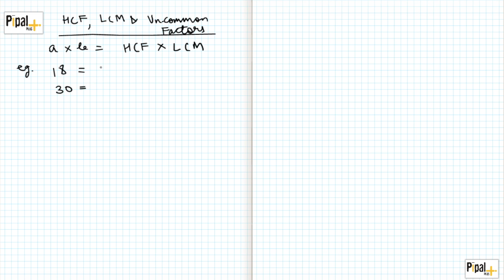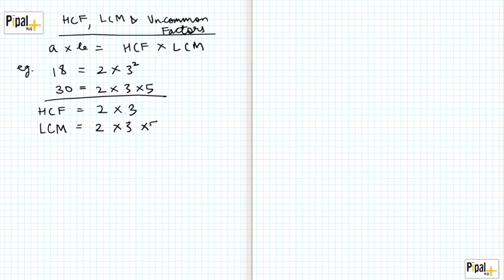So 2 times 3 squared is 18, and 30 is 2 into 3 into 5. Now their HCF is, so 2 and 3 are common factors, so I'll just write 2 and 3 here. And for LCM, I'll write all of them. I'll write 2 and 3 and 5, right?